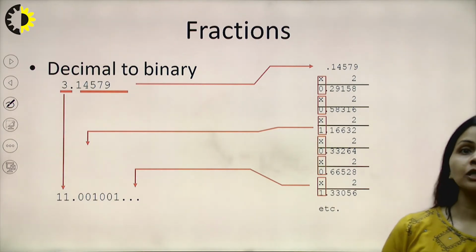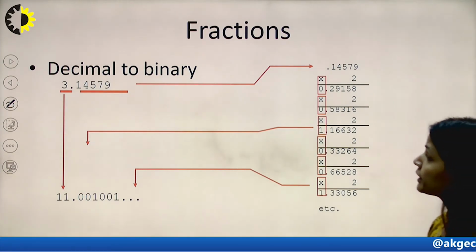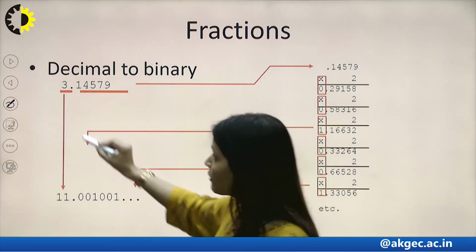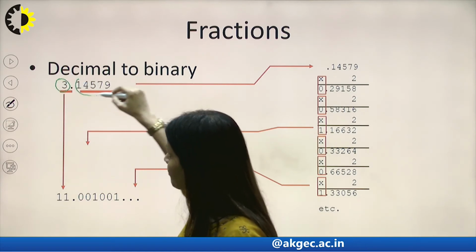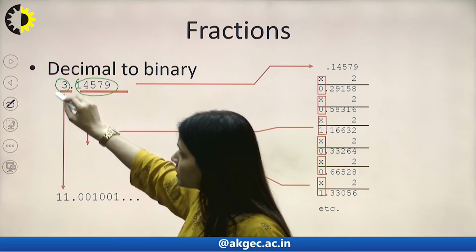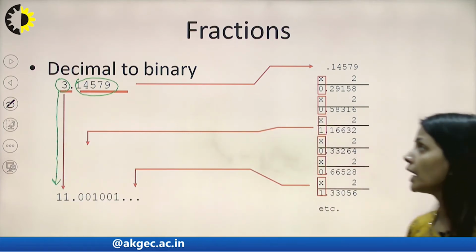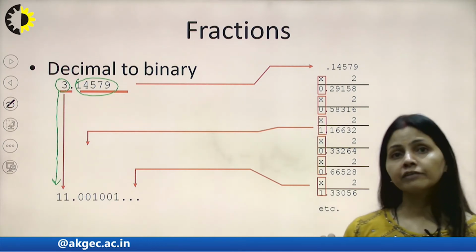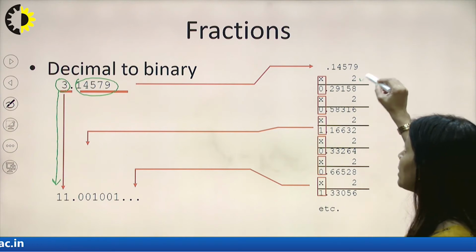Similarly, from decimal to binary, if I want to calculate a number like 3.14579, I will deal with this part separately and this part separately. For the integer part, as before, 3 is 1 1, and for 0.14579, we will multiply by 2.